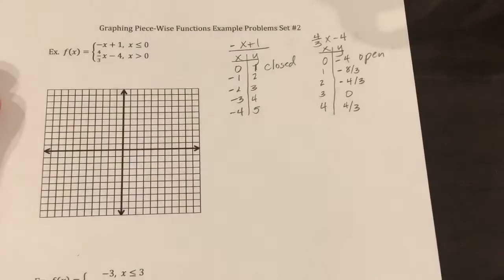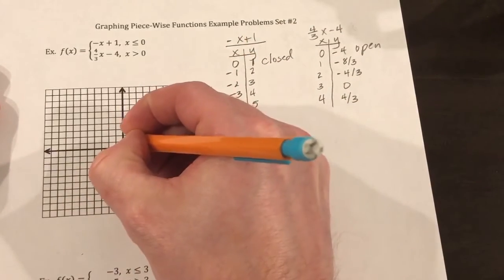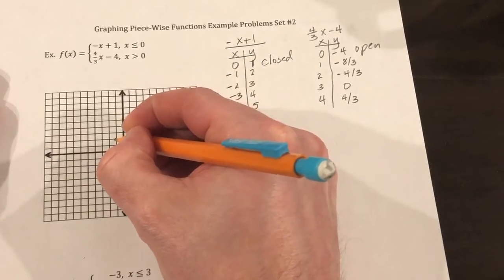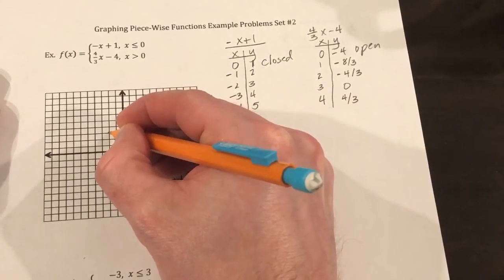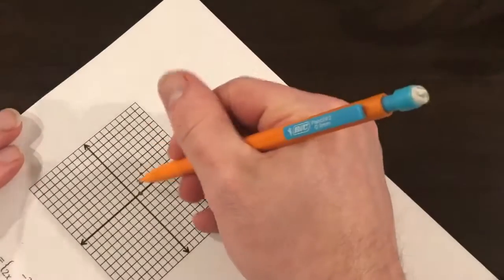When we go to plot these points, so 0, 1, it's going to be closed. -1, 2. 3, 4. So it's going to look like that.